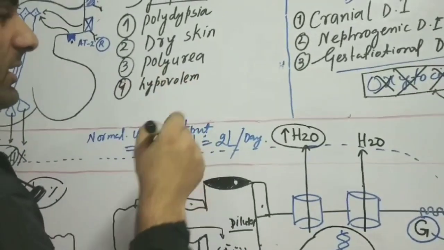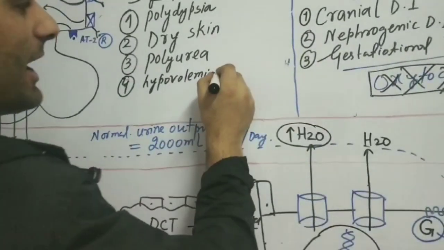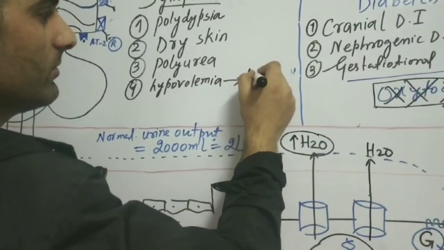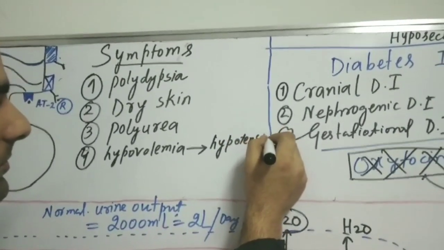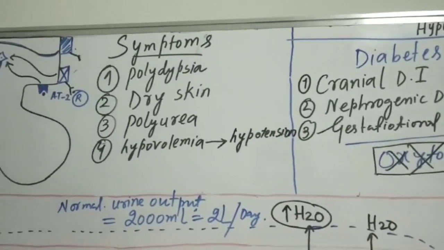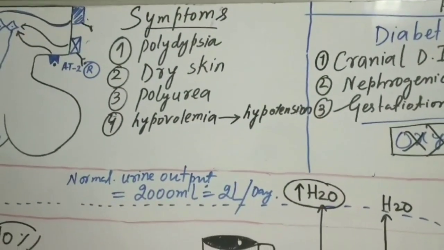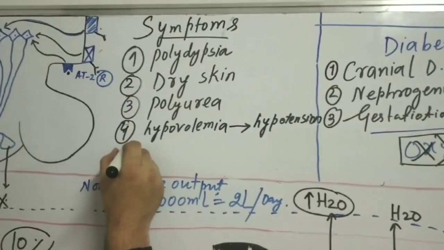The volume of blood will be less. Hypovolemia can lead to hypotension, or low BP. Also, another symptom you can see in diabetes insipidus is bed wetting.